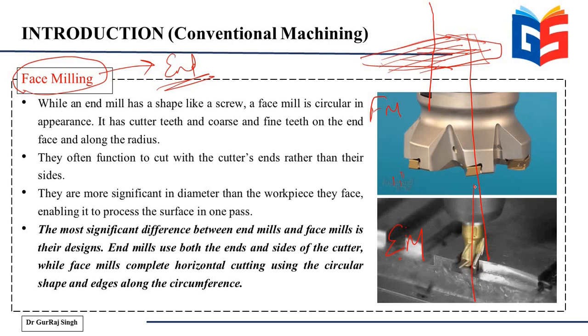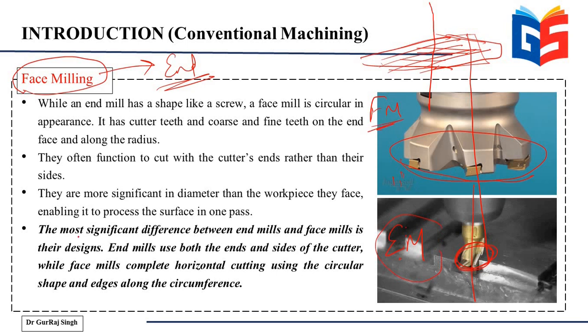However, the width of the cutter is very, very large in case of face milling, and it is very, very small in case of end milling. So the relative width or the relative size of the cutter and the workpiece is very small in case of end milling process, while it is nearly similar in case of face milling process.